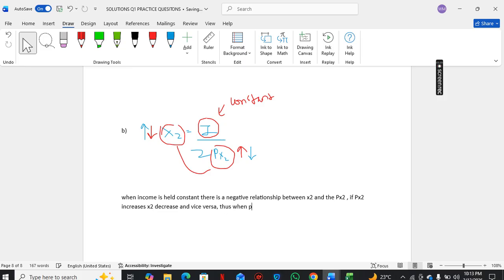Thus, when price increases while holding income constant, x2, the demand function, decreases.